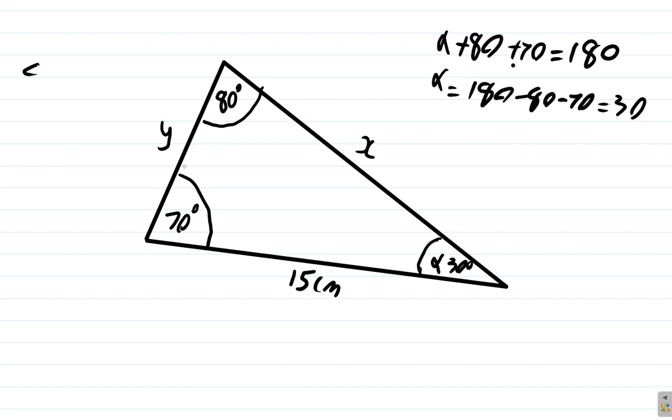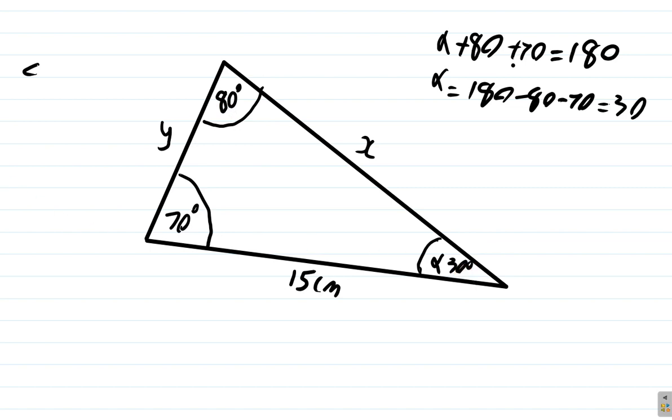Now to get x, we can't use sine equals opposite over hypotenuse, nor cosine is adjacent over hypotenuse, nor tan equals opposite over adjacent, because those apply to right angle triangles, and this is not a right angle triangle. Let's try the sine rule. The sine rule says side over the sine of the angle opposite to it equals side over the sine of the angle opposite to it.